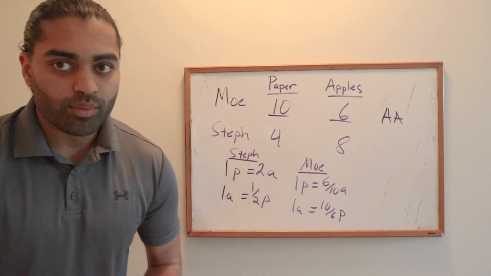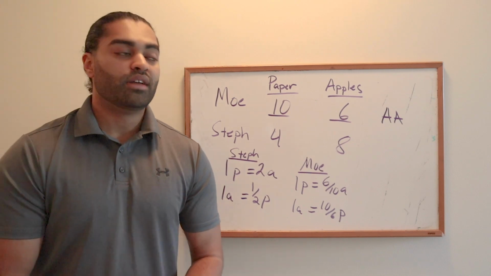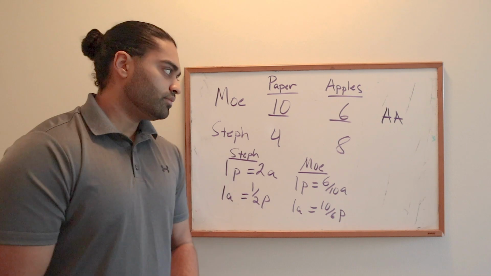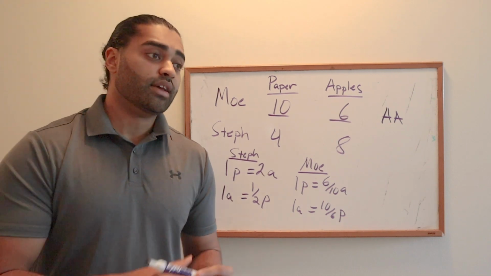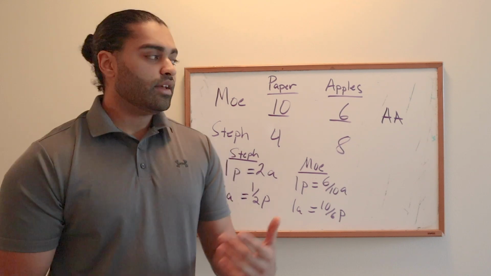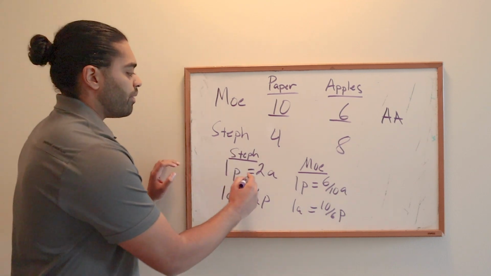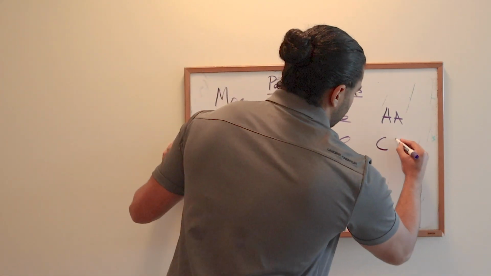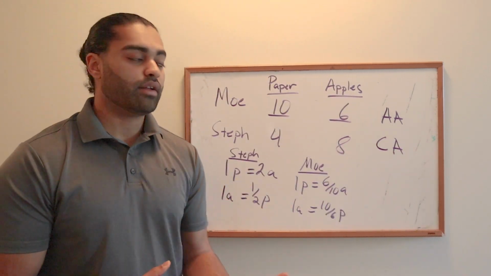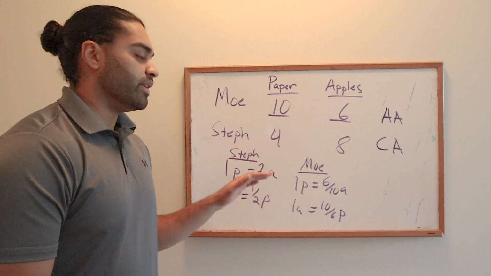The most important one we want to worry about is comparative advantage. Basically, who gives up less to produce a certain product. The reason this is so important is because if you know who gives up the least, they're more efficient at producing this product. So we're going to be comparing our opportunity costs. When you see CA, this is comparative advantage. Comparative advantage is looking at our different opportunity costs.